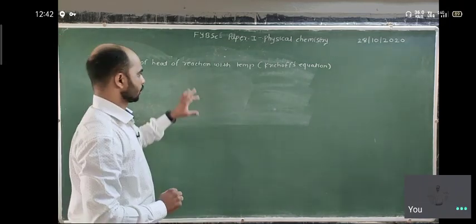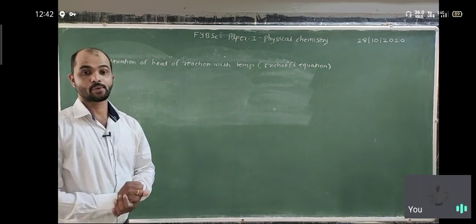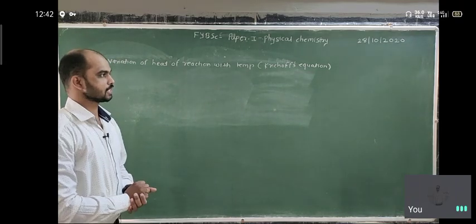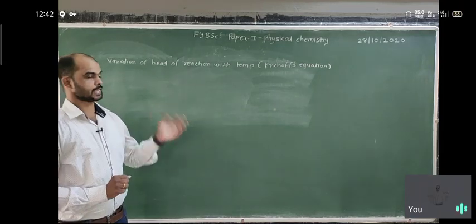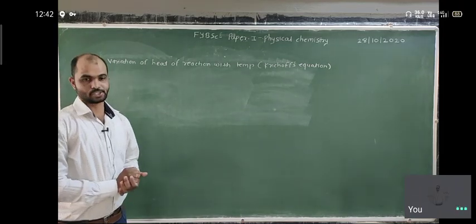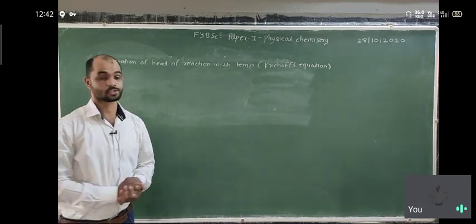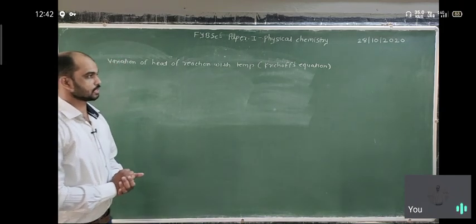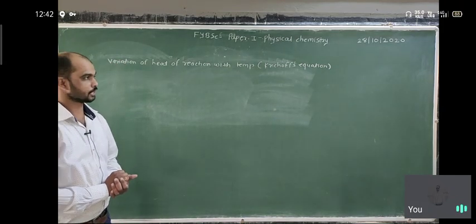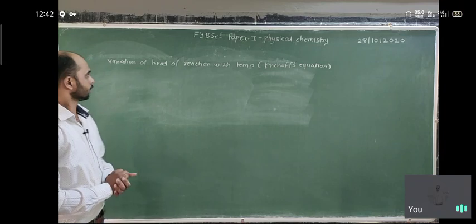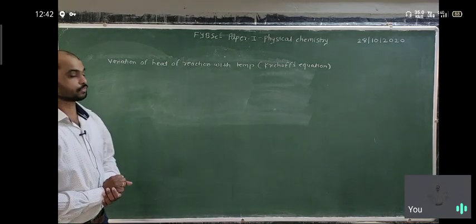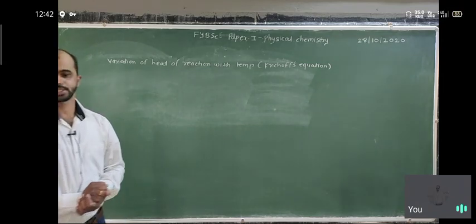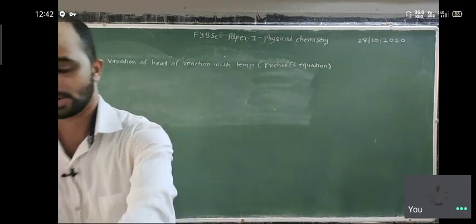Means the change in heat of reaction at every degree of temperature is equal to the change in heat capacities of the reaction at constant pressure, or in some cases at constant volume. So this is the statement by Kirchhoff to explain the variation of heat of reaction with temperature. We are going to discuss it in detail.